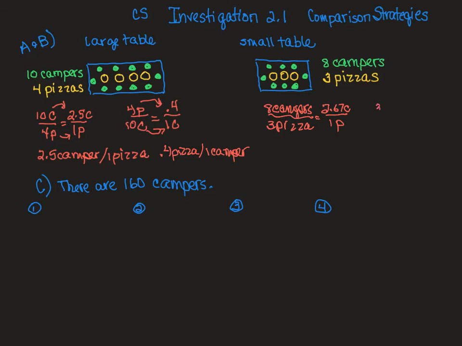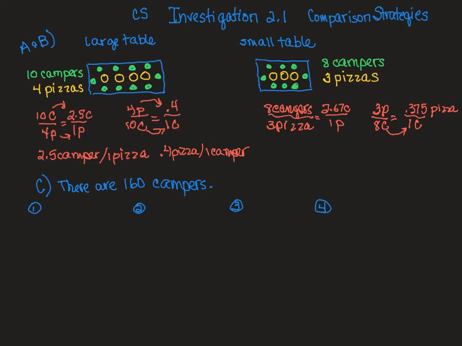All right, I'm going to now do the other way that I did in the other one. So I have 3 pizzas for every 8 campers, okay? And so that would mean that for 1 camper, I'm going to be dividing by 8. So I'm going to do 3 divided by 8 because I do the top and the bottom, and they're going to get 0.375 pizzas per camper. Okay, so I'm writing that down.